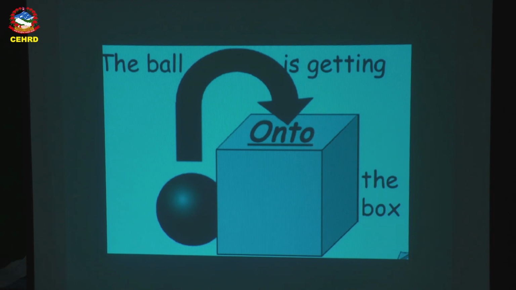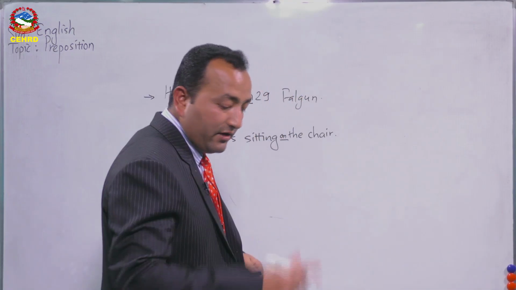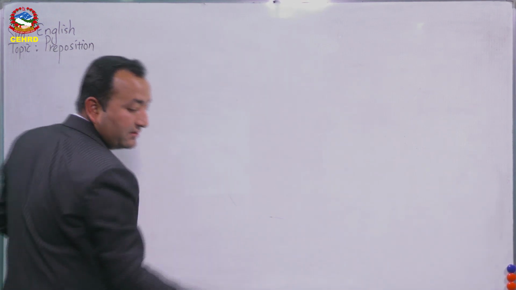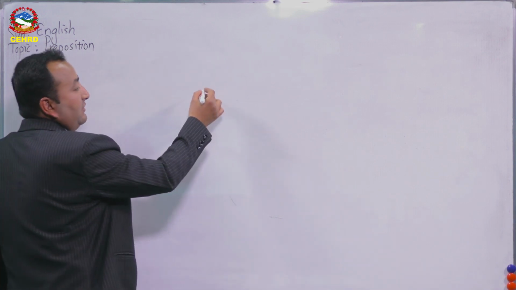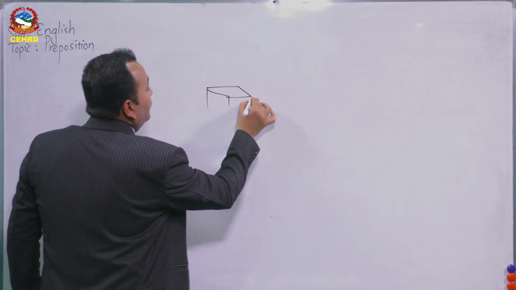Okay. Next, with the mouse. The mouse is getting out of the box. It is "out of", but the word is not written there. "Into" and "out of". Let me make it clear by describing. Suppose this is a box.